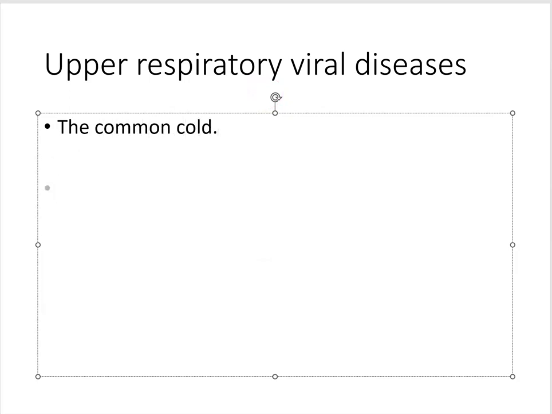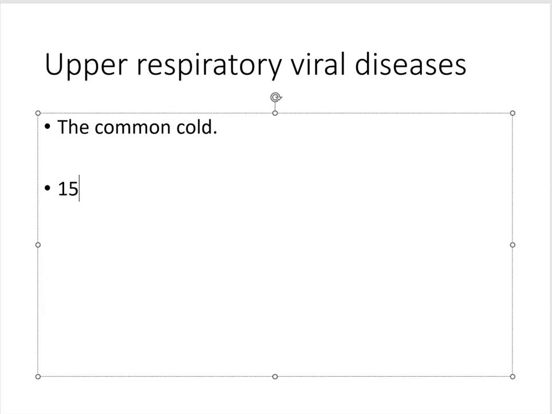So any virus that attacks your upper respiratory system and stays up there generally causes the same symptoms and signs, because those are all just the innate immune response to upper respiratory viruses. So you get a runny nose, you might get a temporary sore throat, swelling in the sinuses, swelling in the nasolacrimal duct, things like that, and eventually you might have a cough.